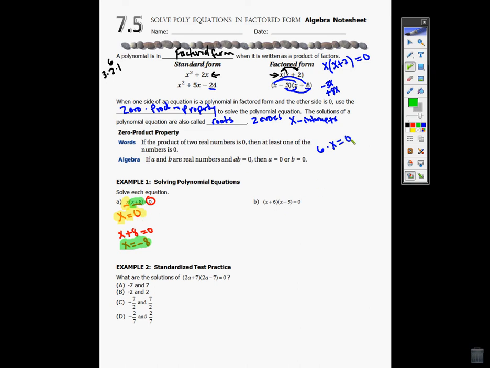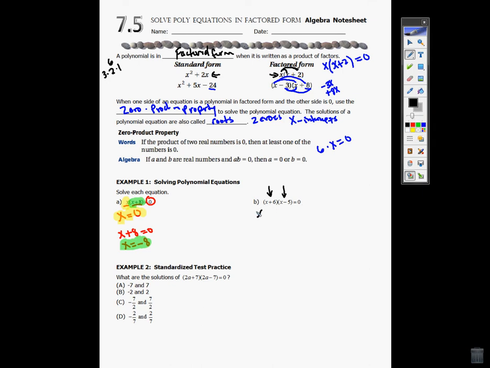Alright, let's try it again with part B and see if we can't make it start to feel a little bit easier. I have two numbers here. I have one number and I have another number. This is x plus 6 as one number, this is x minus 5. These two numbers are multiplying and their product equals 0.